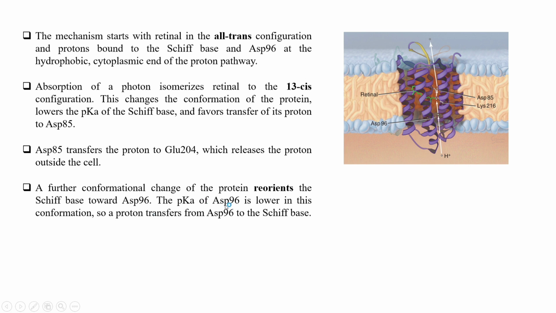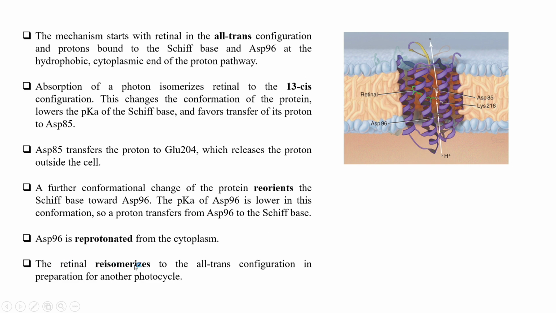So the pK of aspartate is lower in this conformation, so a proton transfers from aspartate 96 to the Schiff base. Now aspartate 96 is reprotonated from the cytoplasm, and the retinal re-isomerizes to the all-trans configuration in preparation for another photocycle. So this is the whole pathway of proton pumping, and in this way bacteriorhodopsins pump the proton.